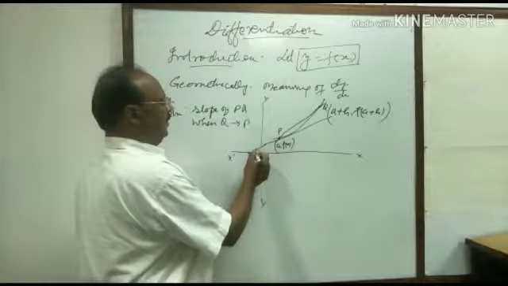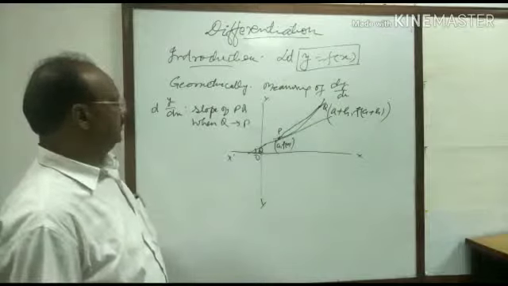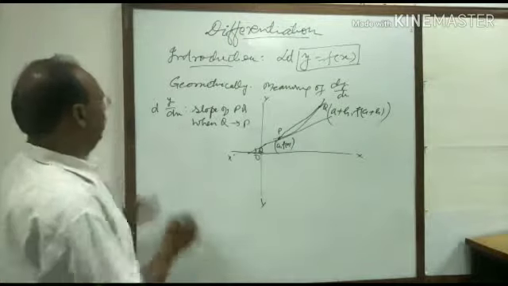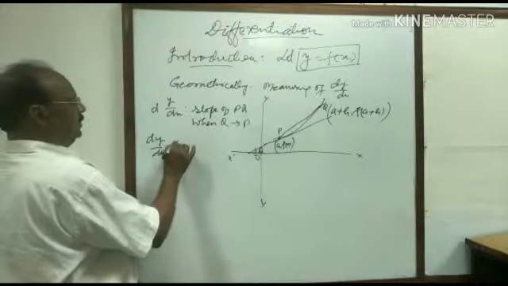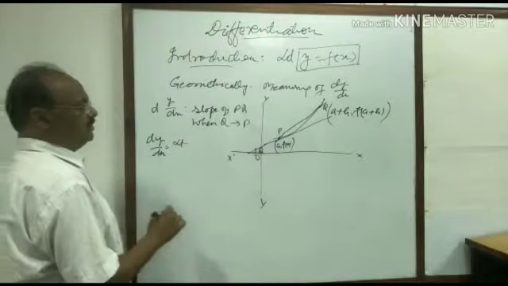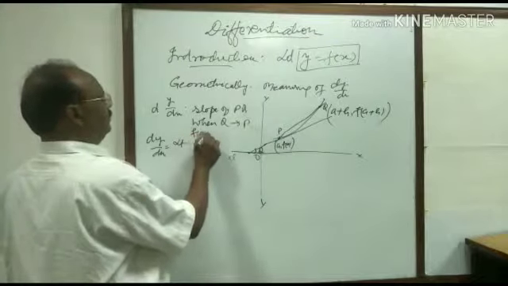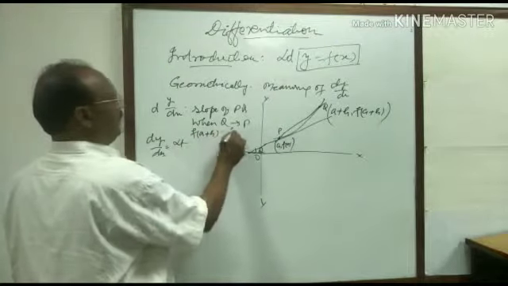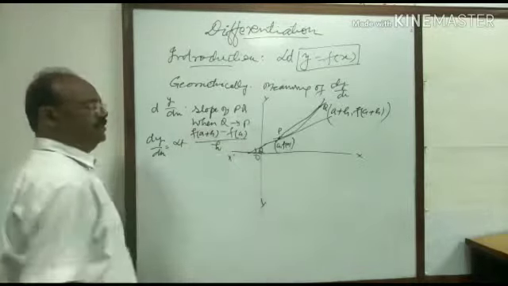This tangent makes angle theta with the positive direction of the x-axis. So here the derivative of y with respect to x is defined as the limit of the difference in y coordinates, means f(a plus h) minus f(a), divided by h.